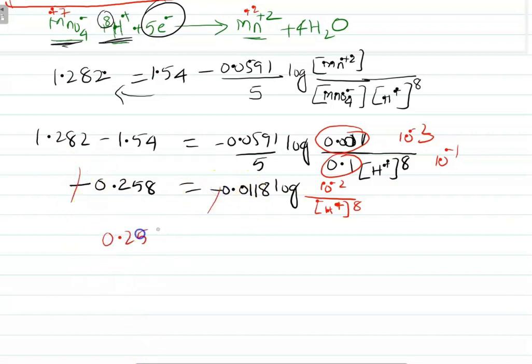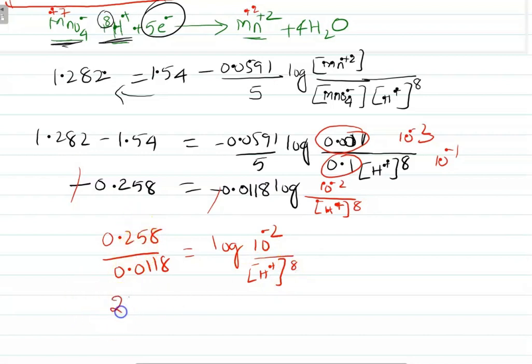That is 0.258 by 0.0118 is equal to log of 10 to the power of minus 2 by the concentration of H plus to the power 8. So when you divide, you will get 21.86. Now, for log A by B, I can write log A by B is equal to log A minus log B. This is the formula I am going to use. This is term A, this is term B.